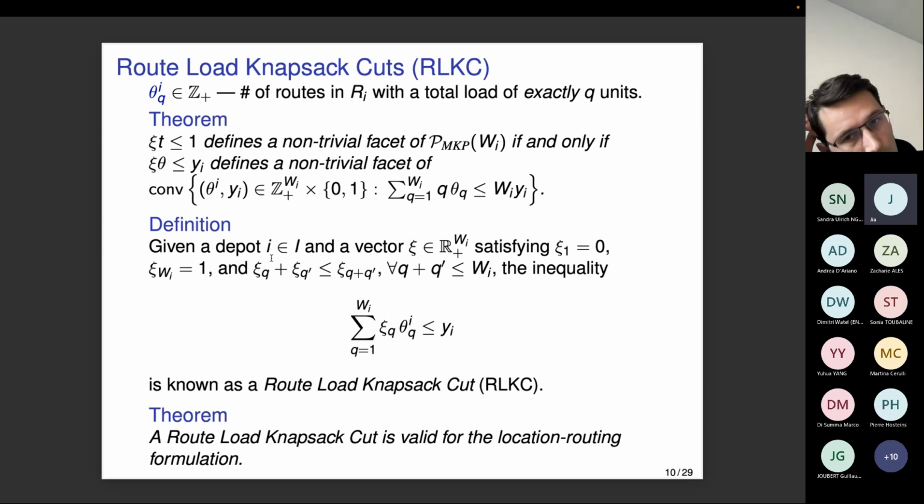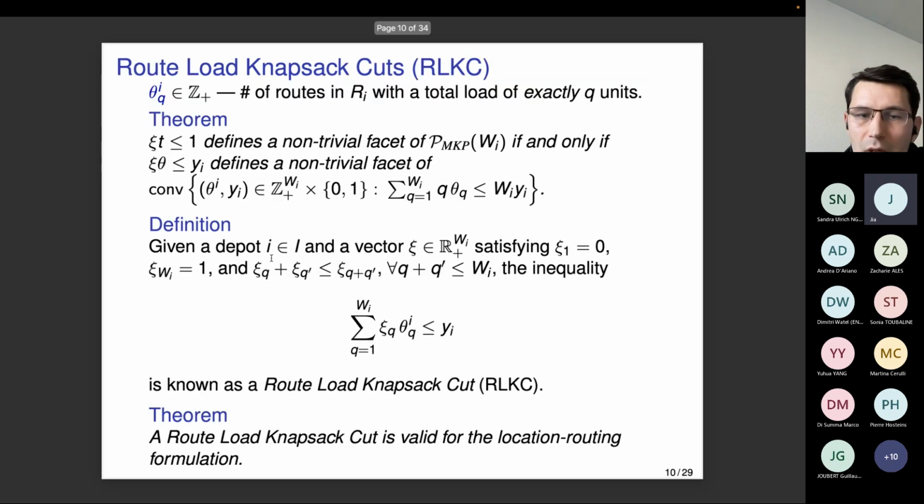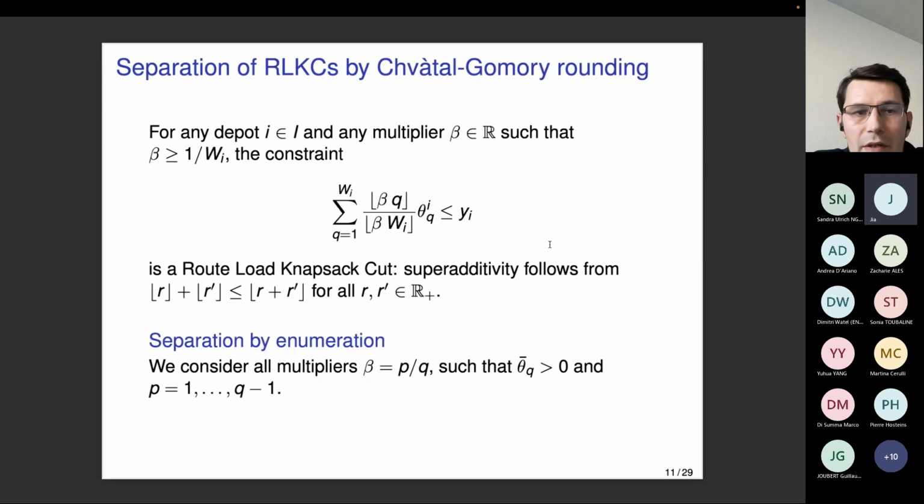And so now the question: once we have these knapsack cuts, how do we separate them? The first way to separate them is actually quite standard. We can do it by Chvátal-Gomory rounding of this depot capacity constraint. This cut obtained by Chvátal-Gomory rounding is also a route load knapsack cut, because the superadditivity follows directly from the floor operator, the rounding down operator.